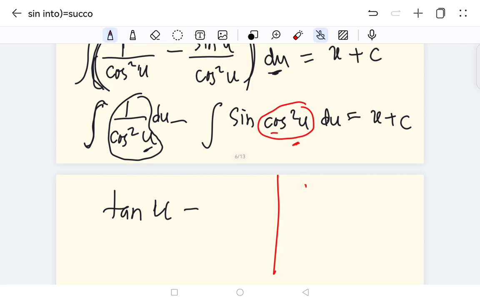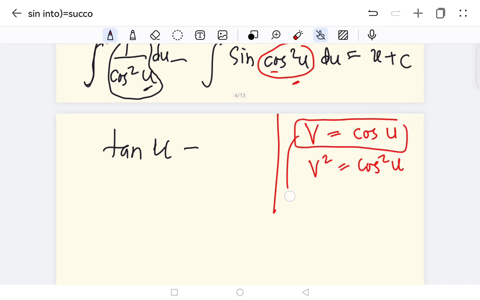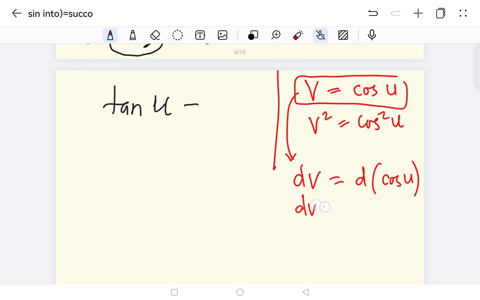Let v equal cos u. So v squared is going to be cos squared u, right? So I'm going to differentiate this one. So dv equals d cos u, and the derivative of cos is negative sine u, and then don't forget the du, because you differentiate with respect to variable u. Negative sine u du.